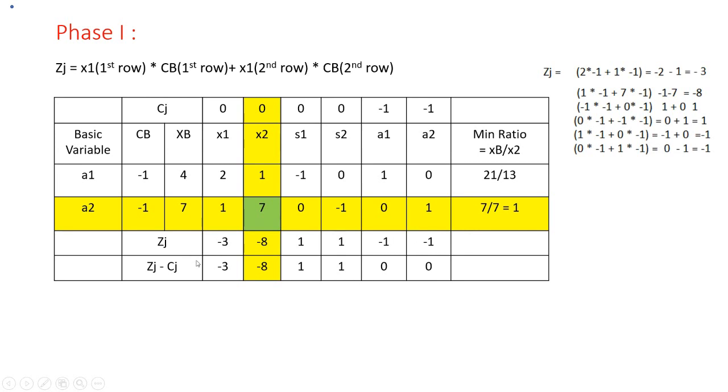After finding the Zj, find out the Zj minus Cj. Zj is -3, -8, 1, 1, -1 and -1, minus Cj. Cj is 0, 0, 0, 0, -1, -1.